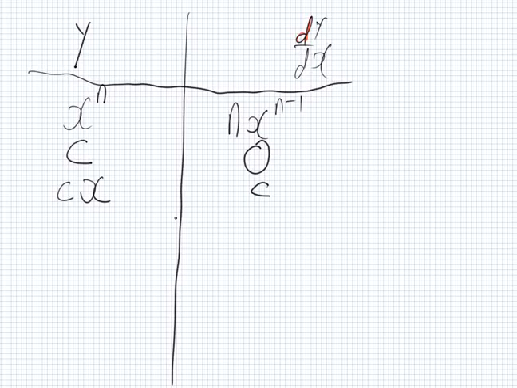And what is the n? The gradient, the slope. So it should not be surprising that the slope of the tangent for cx is c. Should not be surprising. Right? Andy, is that surprising or not?